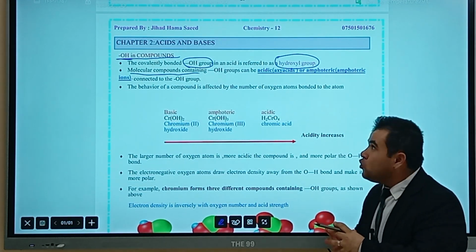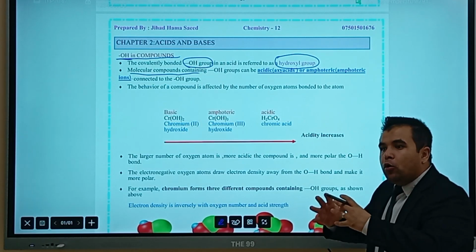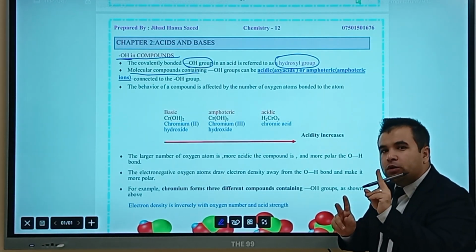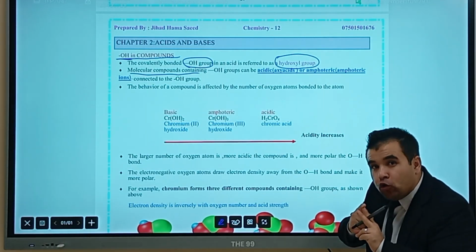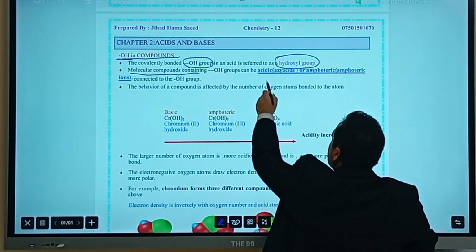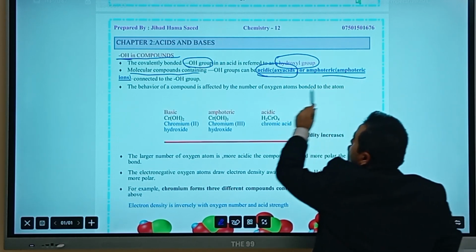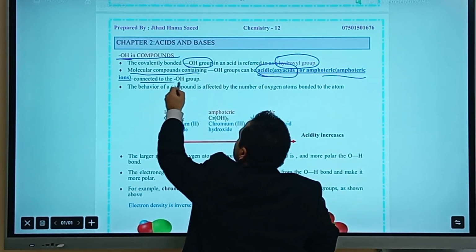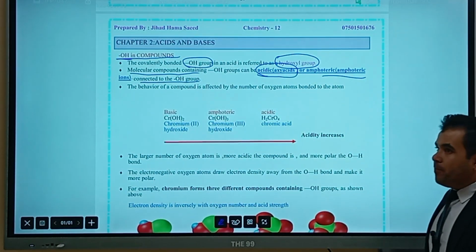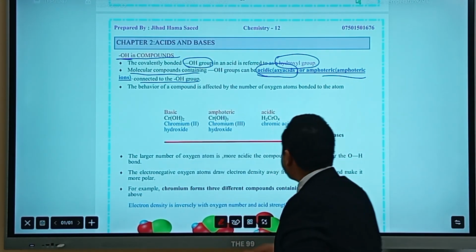If it exists in a molecular compound, what will happen to the molecular compound? The molecular compounds exist in two types. It can be acid only or amphoteric. Acid only is like the oxyacids, and amphoteric compounds are connected to the hydroxyl group. Let me provide two examples.